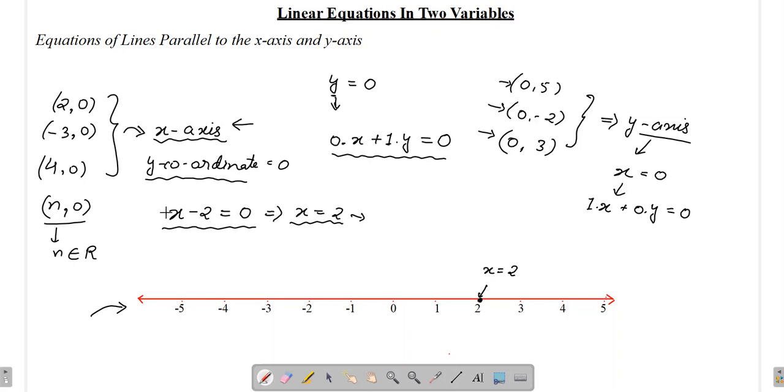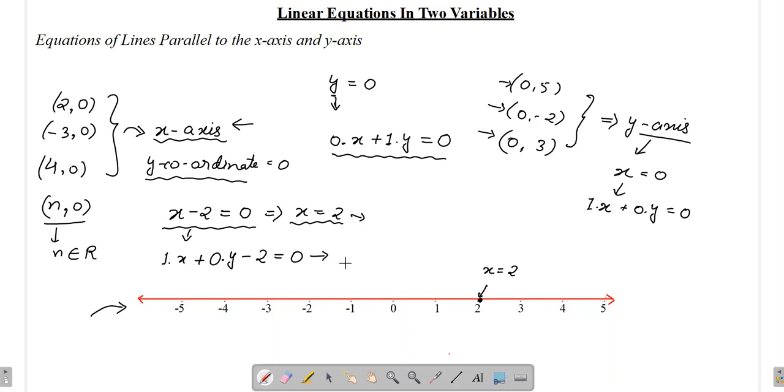But what if I express it as an equation with two variables? An equation with one variable has a unique solution, which we have already studied in our previous class. If I have to write this in the form of an equation in two variables, then I'll write it as 1 times x plus 0 times y minus 2 equals 0.